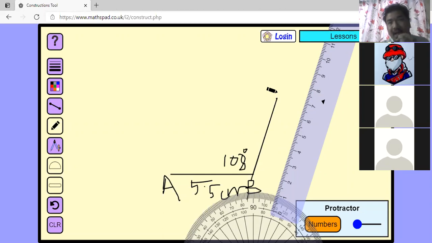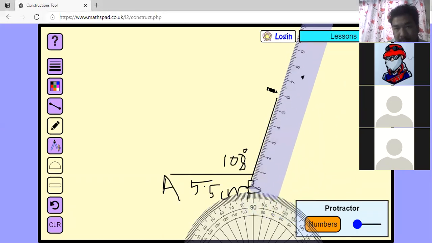Okay. And now see there. This length also must be how long? Because this is the regular one, all sides must be 5.5. Now let's take the help of the ruler. Put the ruler, and wherever it is 5.5, make it longer.